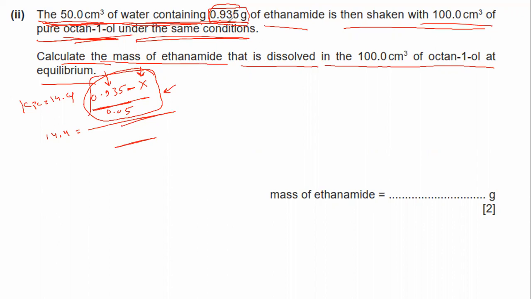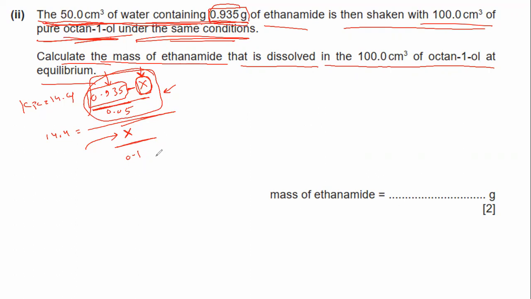The ethanamide that goes to octane-1-ol is unknown, and it will be X. Here we have the original mass in water minus the mass that goes to octane-1-ol. So this is the mass of ethanamide that goes to octane-1-ol over what? I hope you guess, over 0.1. This is the volume after dividing by 1000. So this is, guys, the correct formula.